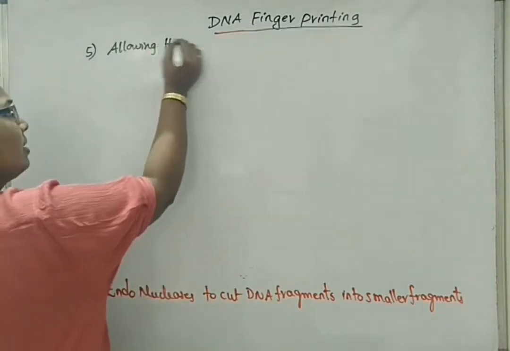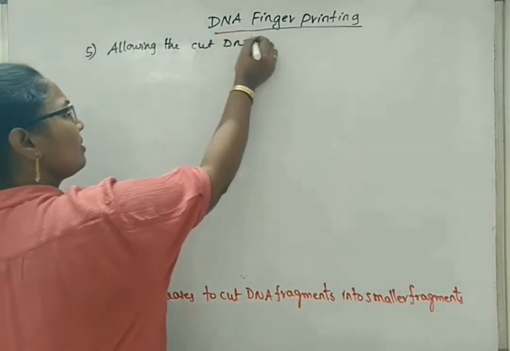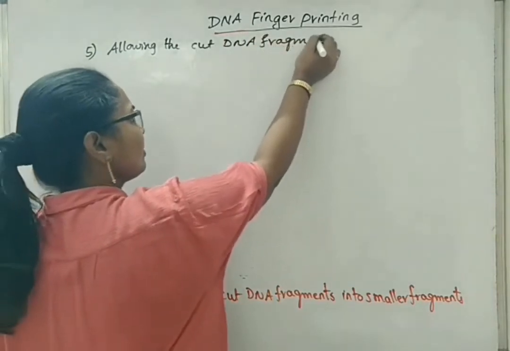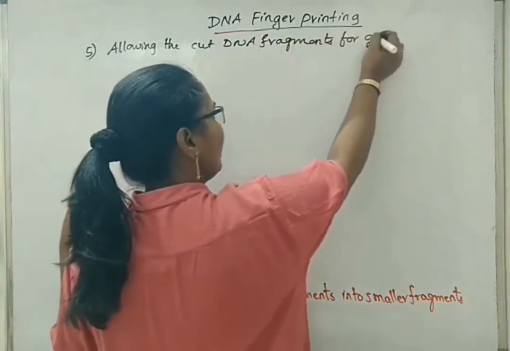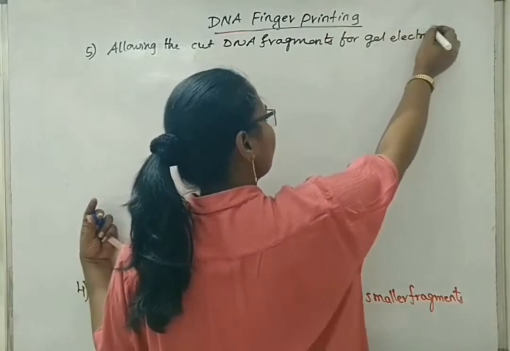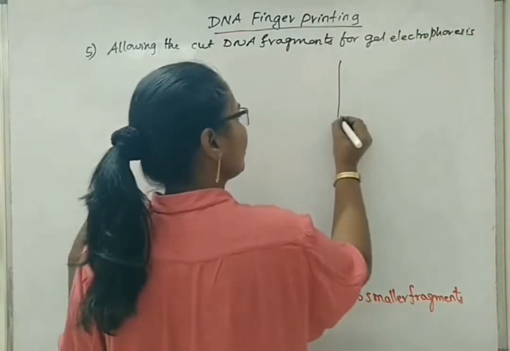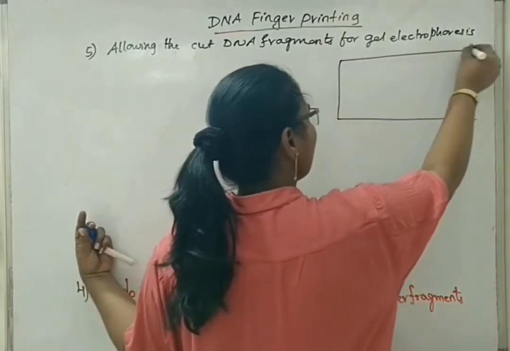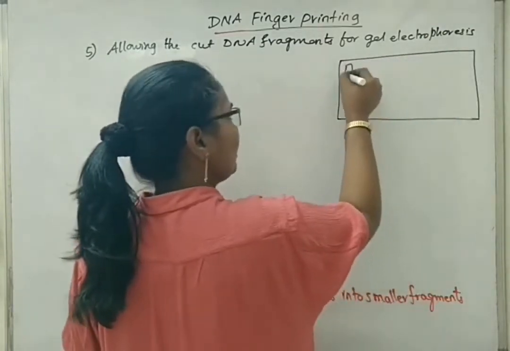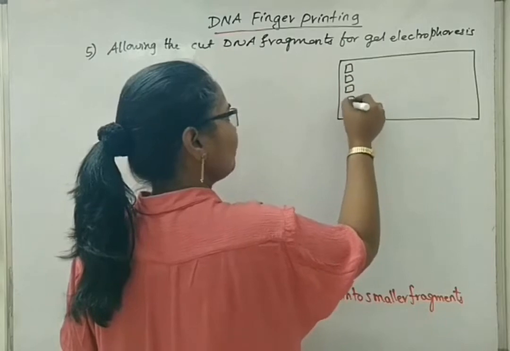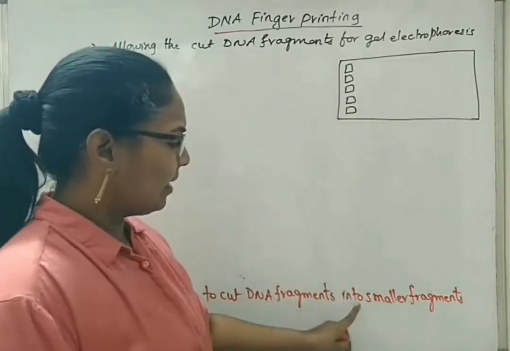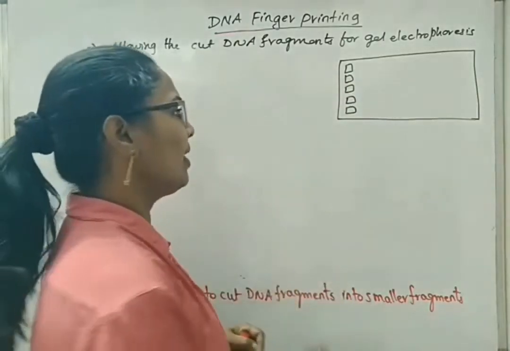Allowing the cut DNA fragments for gel electrophoresis. In gel electrophoresis, we take a solidified agarose gel in which the wells are already prepared. We pour the obtained smaller DNA fragments into those wells.